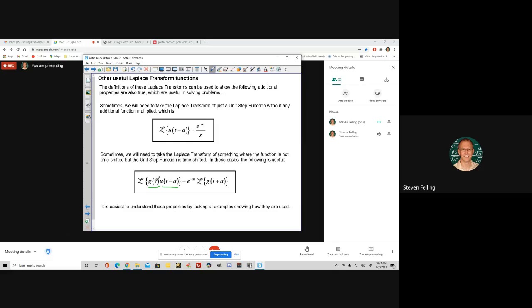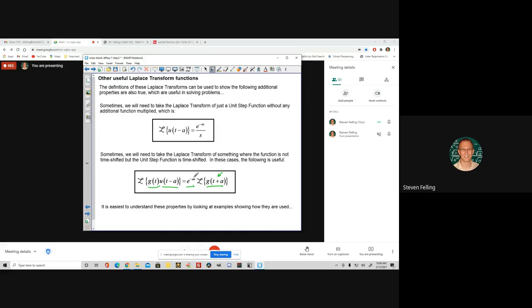So this property turns out to also be useful. And that is that the Laplace transform of a function g of t multiplied by unit step function that shifts over a is equal to e to the negative as times the Laplace transform of g of t plus a. So you shift in the opposite direction and still multiply by an e to the negative as.